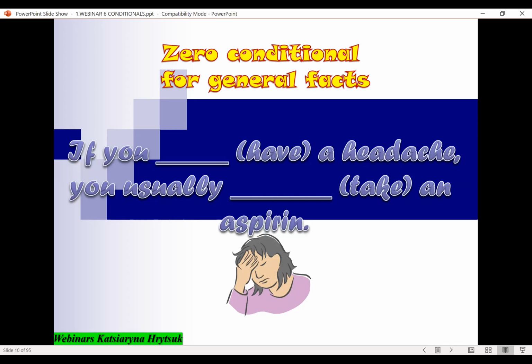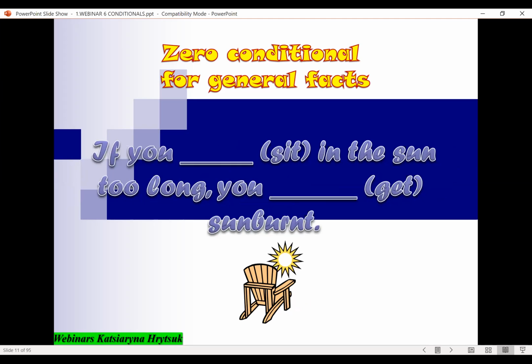Natalie. If you have a headache, you take an aspirin. Took is past. Take. Yes. So if you have a headache, you take an aspirin. Emilia?